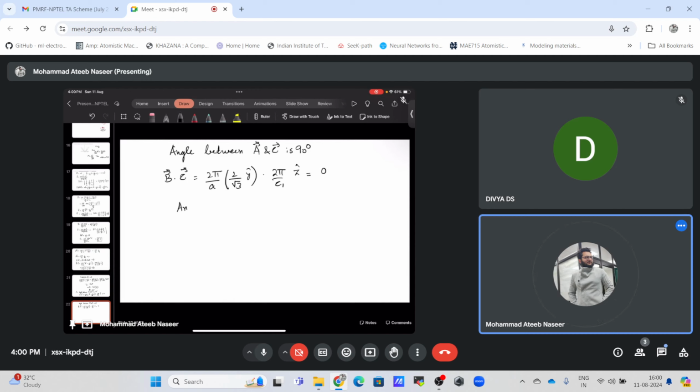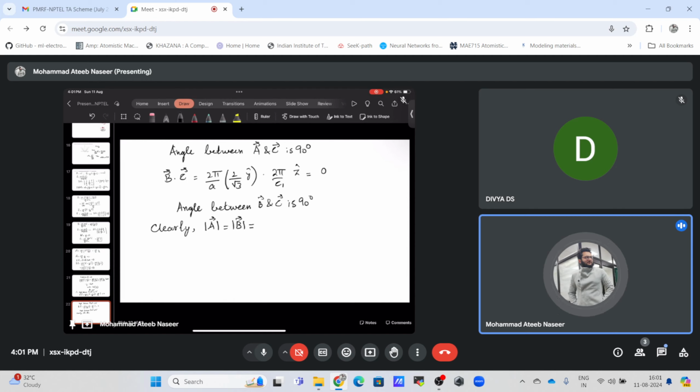Thus the angle between B and C reciprocal lattice vectors is 90 degrees. And from the previously derived values, the magnitude of A was equal to the magnitude of B. However, it was not equal to the magnitude of C, because the magnitude of C is simply 2 pi by C1.